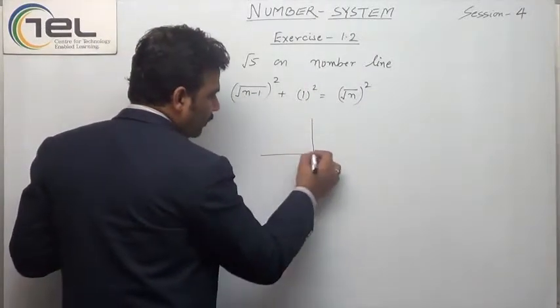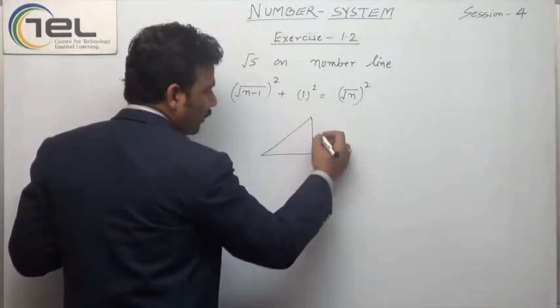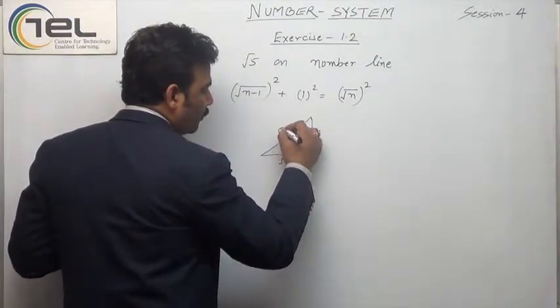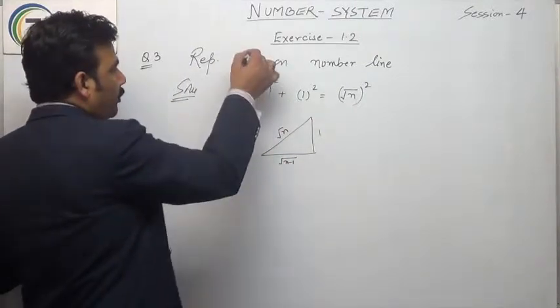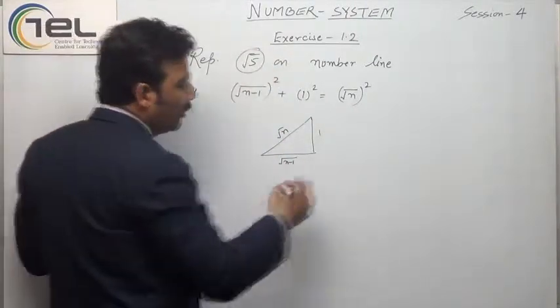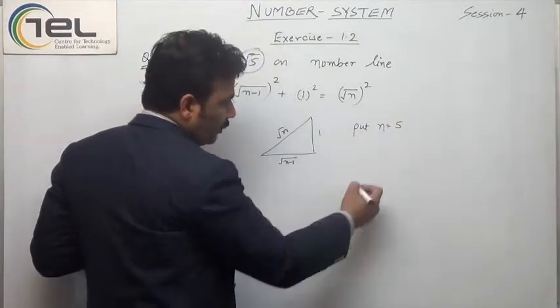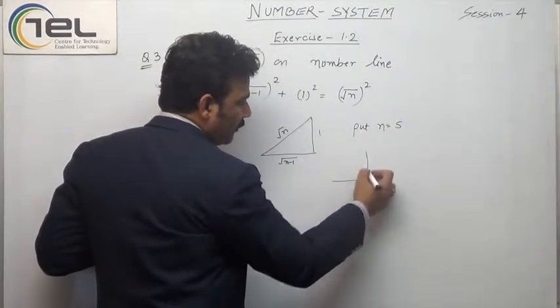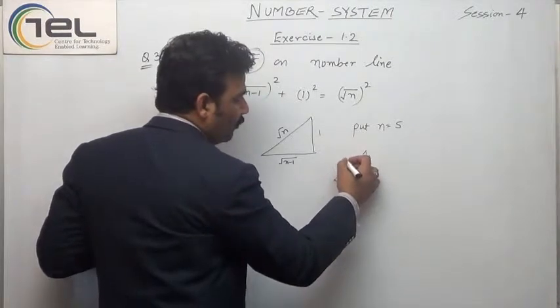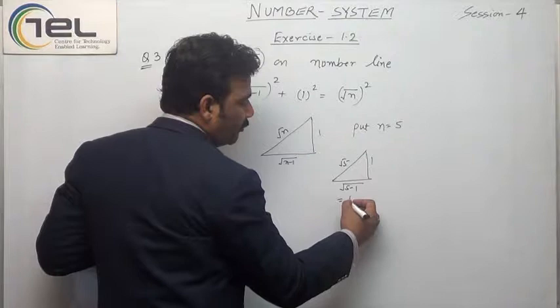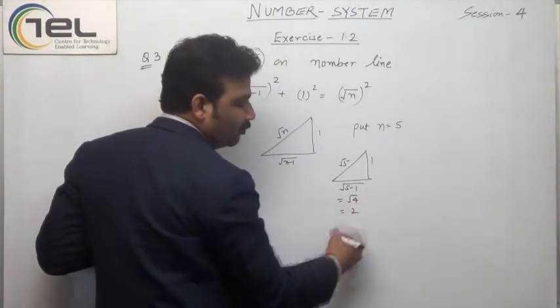We have discussed this: this is 1, this is the square root of n minus 1, and this is square root of n. Here I have to represent square root of 5, so I will put n equals 5. I will have root 5, 1, and 5 minus 1, which is square root of 4, and it becomes 2.